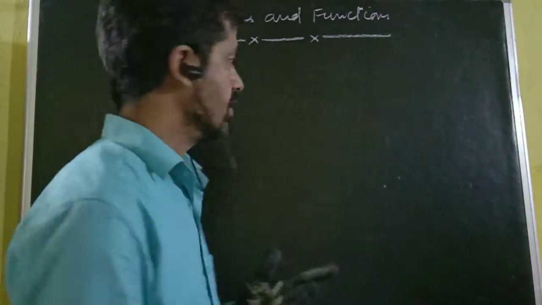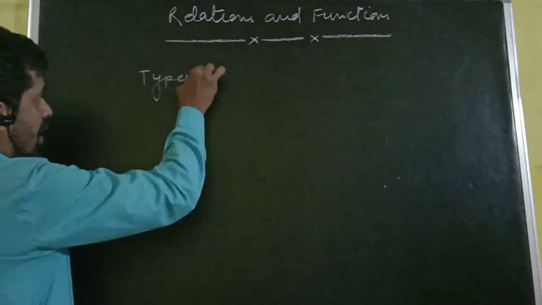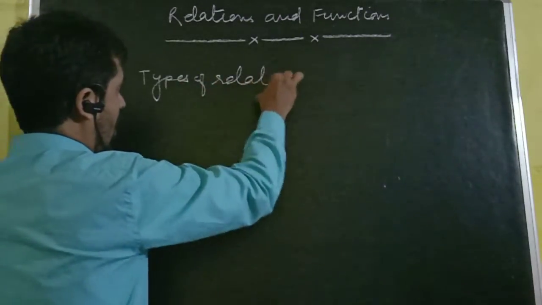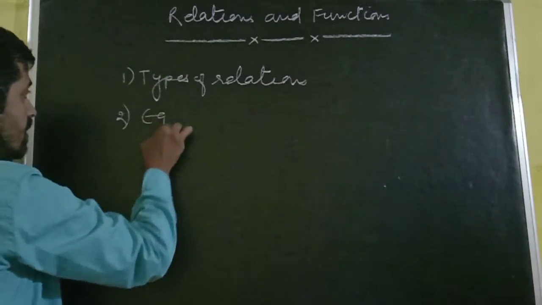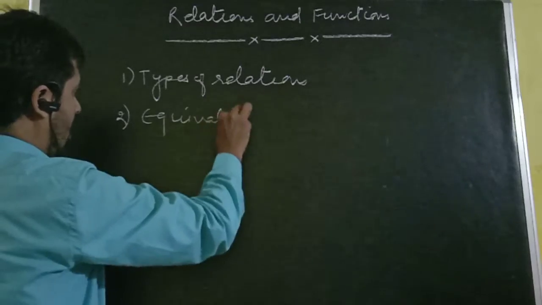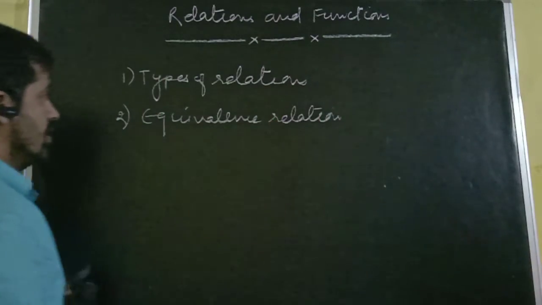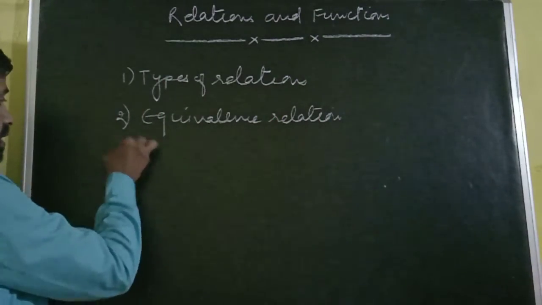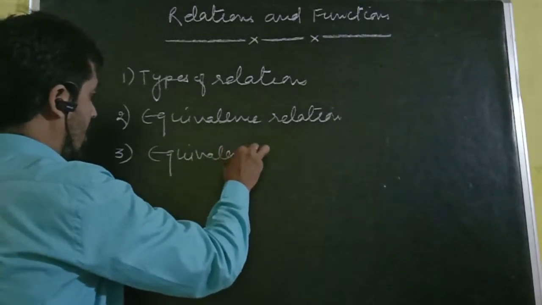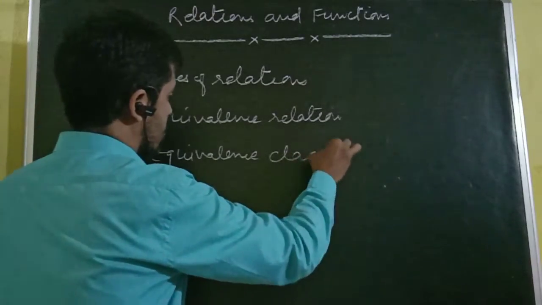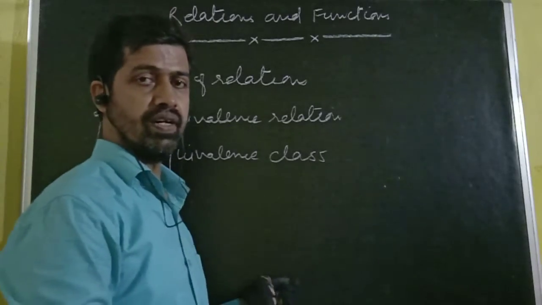Under that, we discussed number one, types of relations; number two, equivalence relation; and the third very important point, equivalence class. So these three points we have discussed in detail so far.